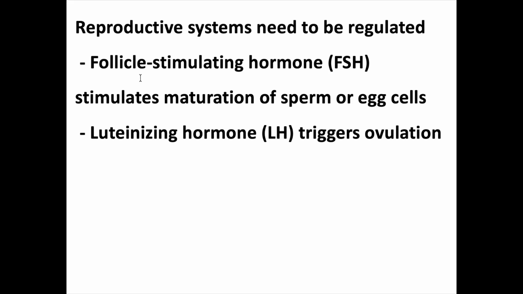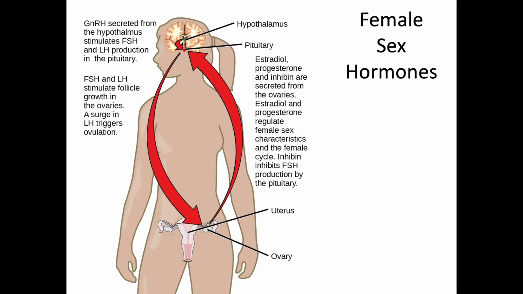Something called follicle stimulating hormone, or FSH, stimulates the maturation of sperm or egg cells. It's named after follicles, which are an egg thing, but you can find FSH in anyone because it stimulates sperm to be made, and it stimulates eggs to finish up their maturation.